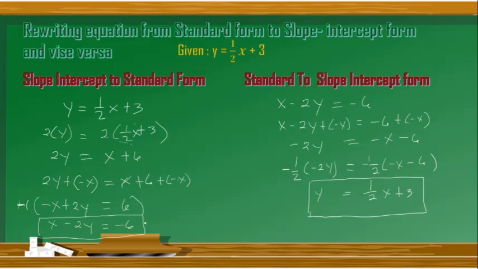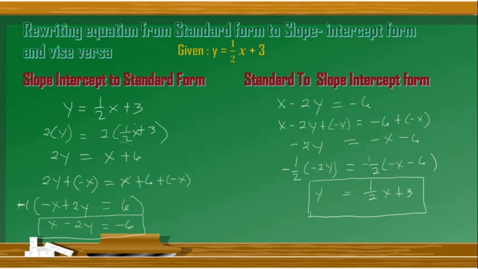To go back to its original, we will use this answer. Then we process it this way, and we arrive at an answer the same as the given. Okay, that is how to transform from standard form to slope-intercept form and vice versa.